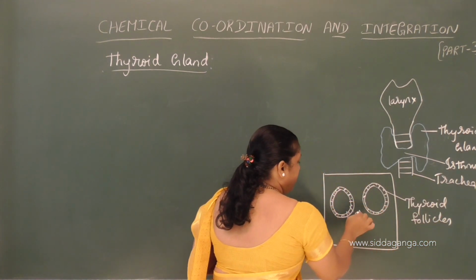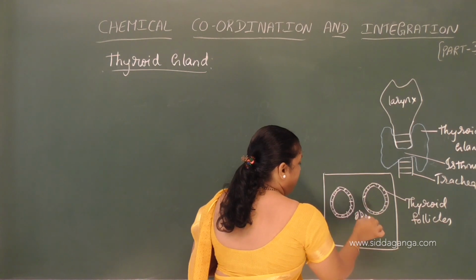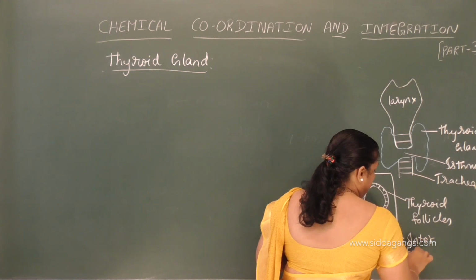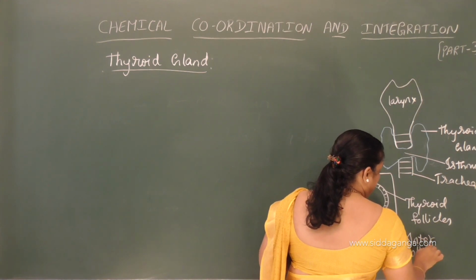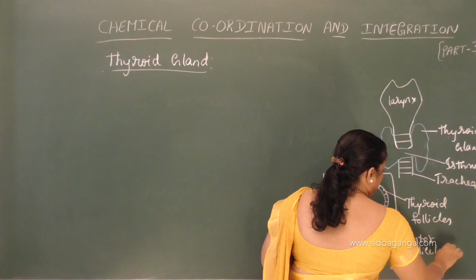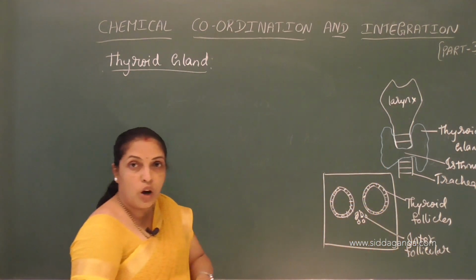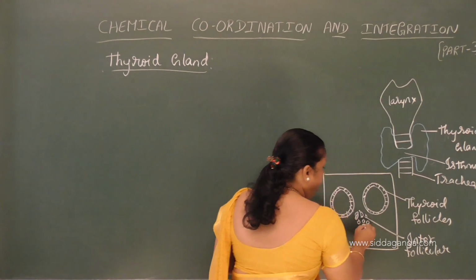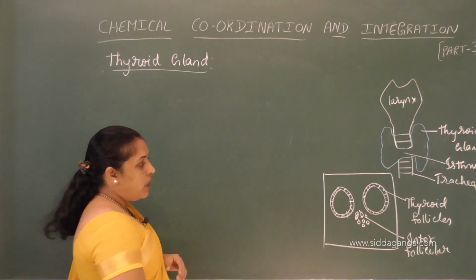In between thyroid follicles, we see interfollicular cells. Interfollicular cells are also called stroma cells.